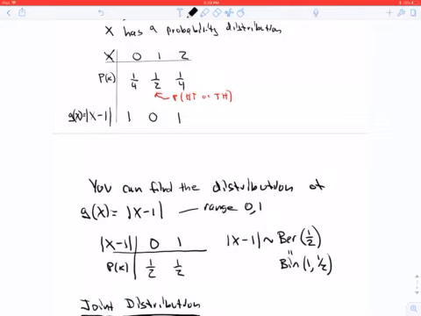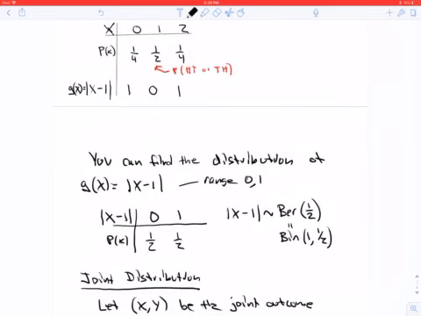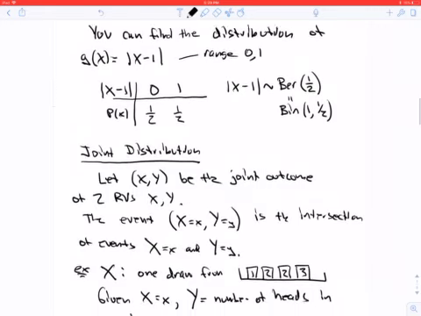You can see here that when it has the value 0, we have probability 1/4 and 1/4, because this corresponds to the head-head, tail-tail situation, and otherwise we have head-tail, tail-head. So that's also probability 1/2.